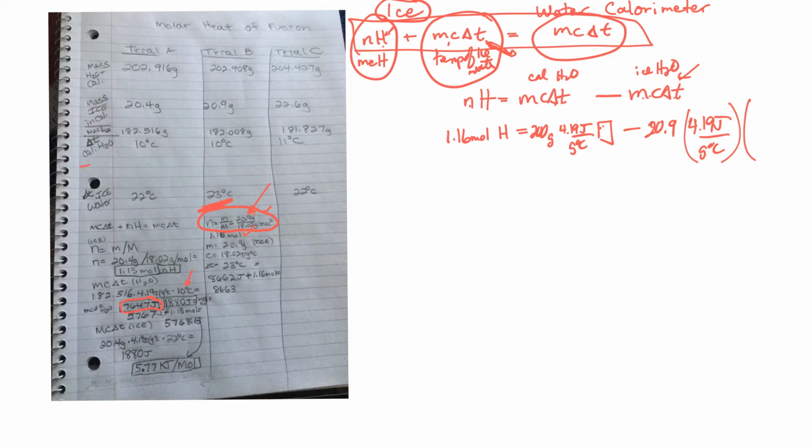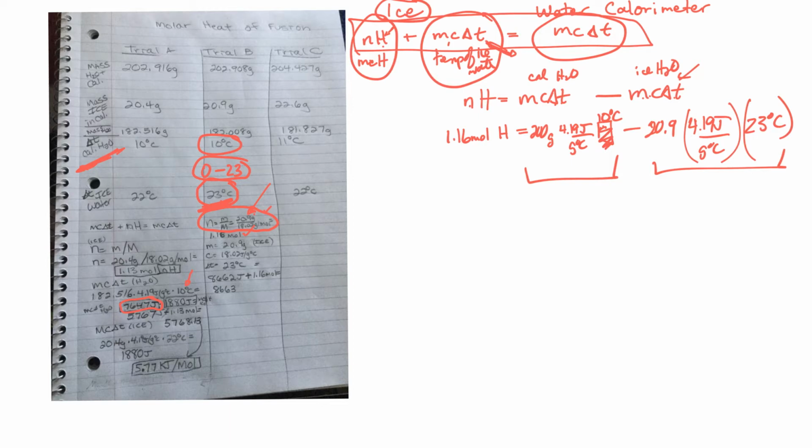Oh, here's the change in temperature of the calorimeter water. That was 10. So this number here is going to be 10 degrees Celsius. And this is what the ice water ended up at. If it started at 0 and went up to 23, then the change in temperature is 23 degrees Celsius. Okay, so I need to multiply those together and subtract them. Let me just do that.